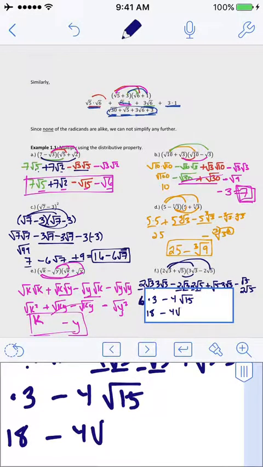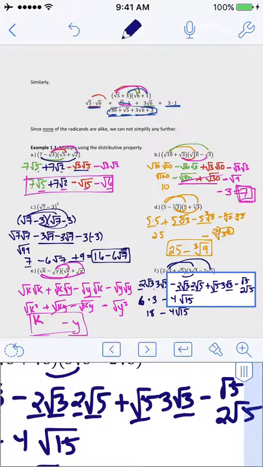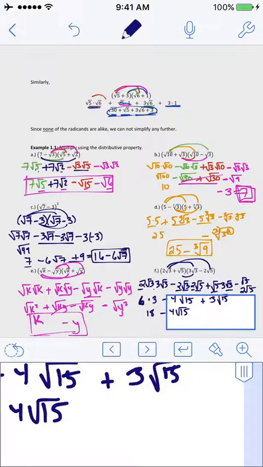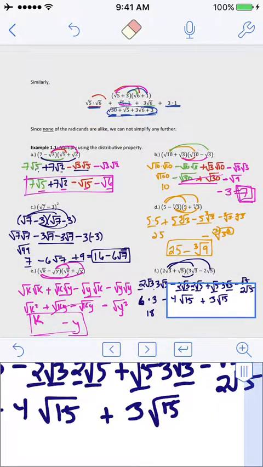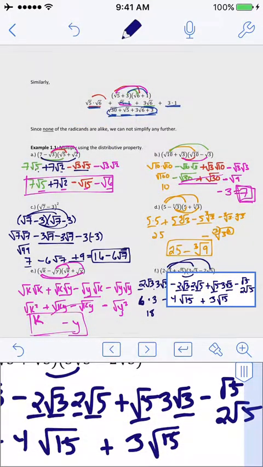So minus 4 root 15. Over here I've got root 5 times root 3 and just a 3, nothing in front there. So root 15. I changed my mind about writing that there. Come back to that in a sec. And the last one, root 5 times 2 root 5 is going to be 2, and then root 5 times root 5 is just going to be a 5, so we get a 10.